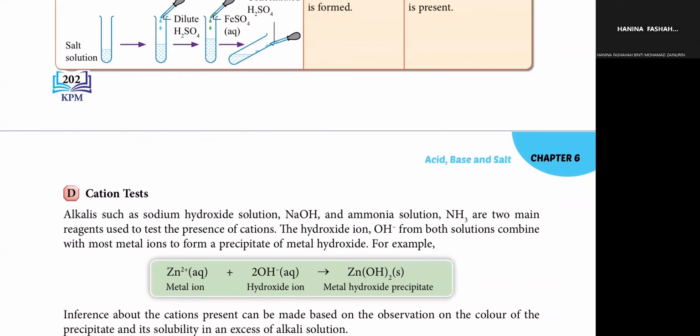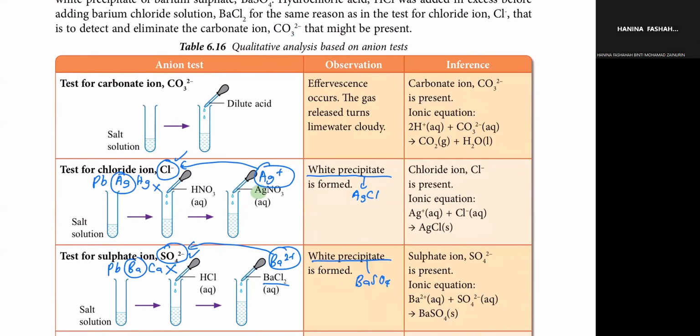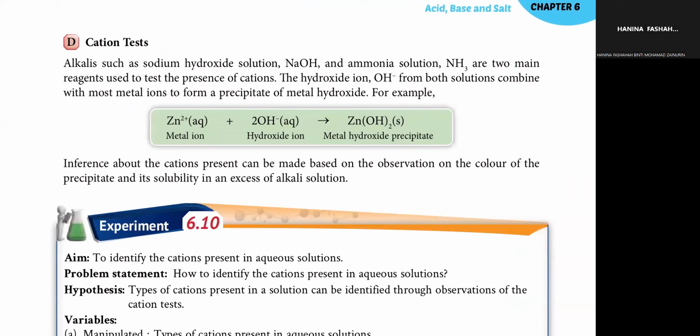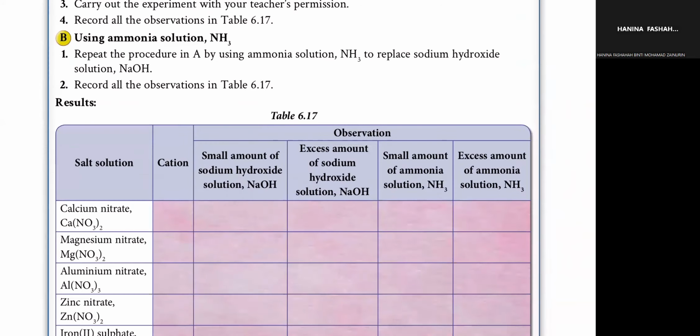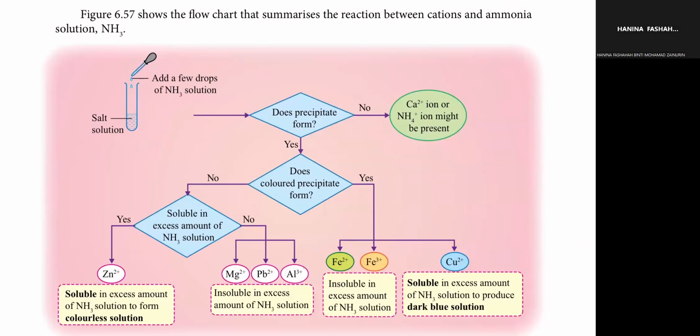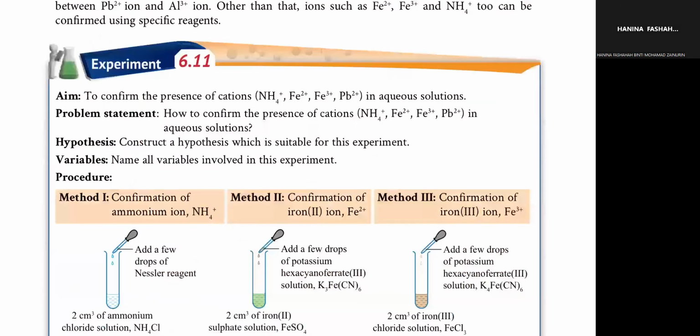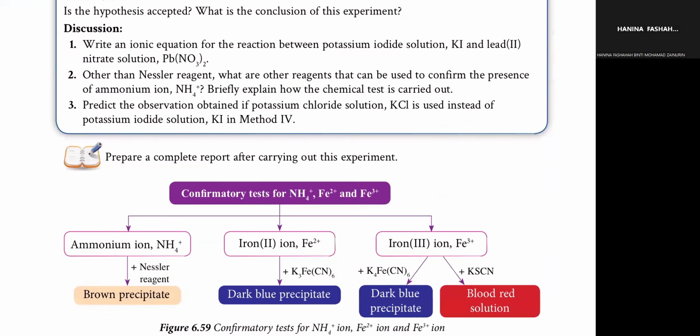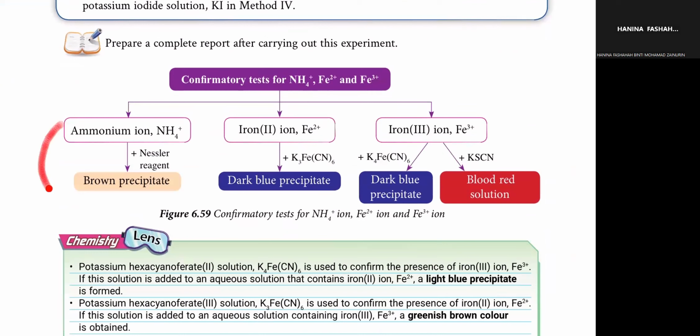Cation tests also remember. Anion is a negatively charged ion and cation is a positively charged ion. Also remember a few. I just do a bit of recap. NH4 plus, you add Nessler's reagent, you get brown precipitate.